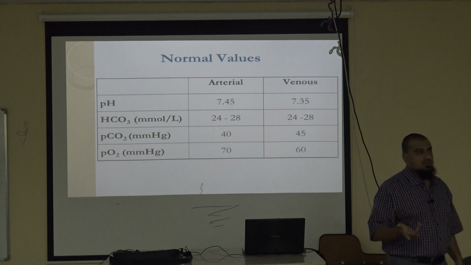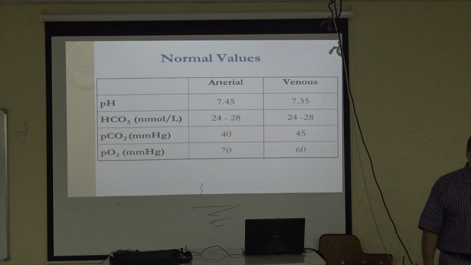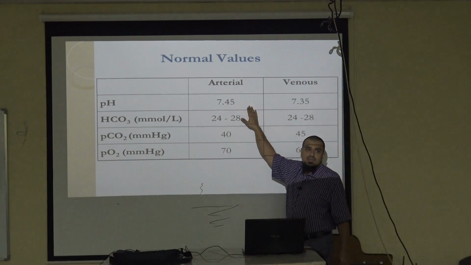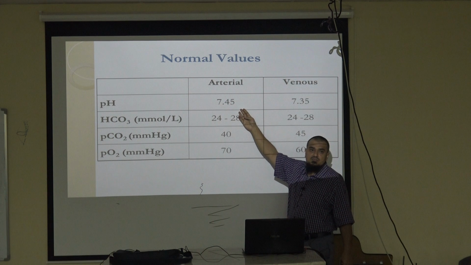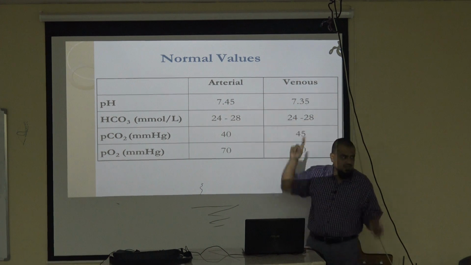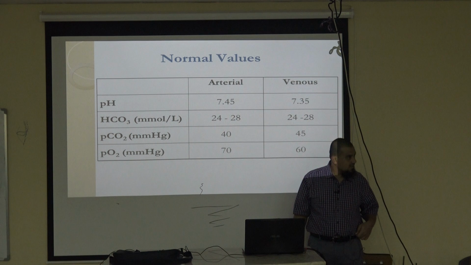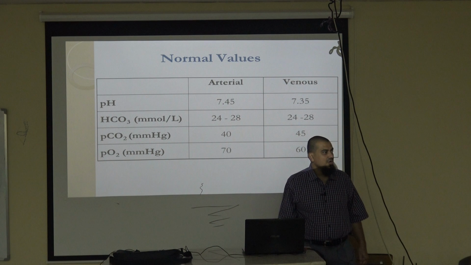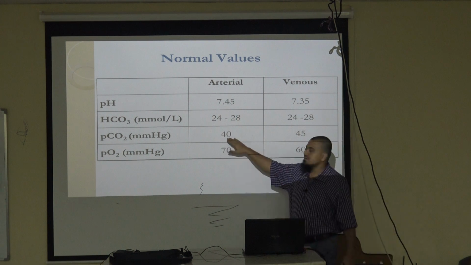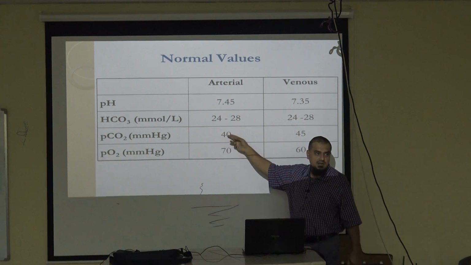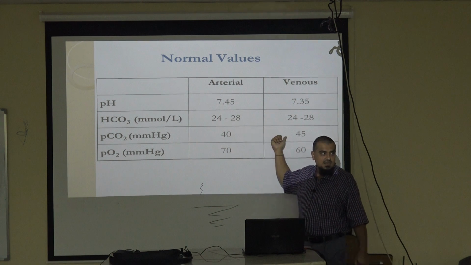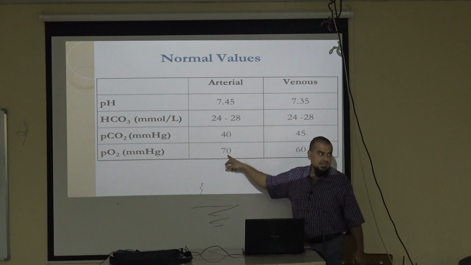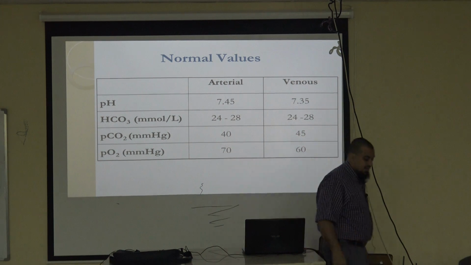Now we should know the normal values of the pH, carbon dioxide and bicarbonate. pH normally in the arterial blood is 7.45, in the venous blood 7.35, and the mean value is 7.4. Similarly, the bicarbonate ranges from 24 to 28. Carbon dioxide is 40 in the arterial blood and 45 in the venous blood, and oxygen concentration in the arterial blood is 70 and in the venous blood it is 60.